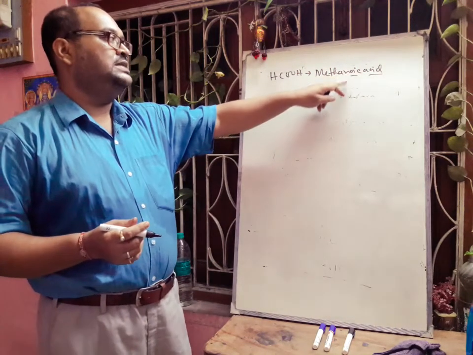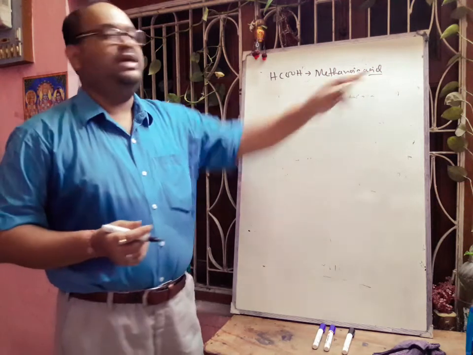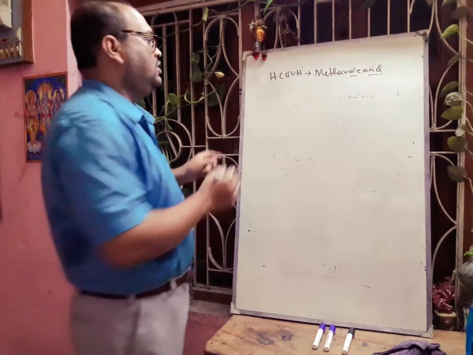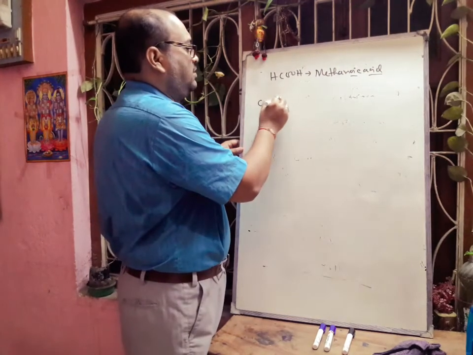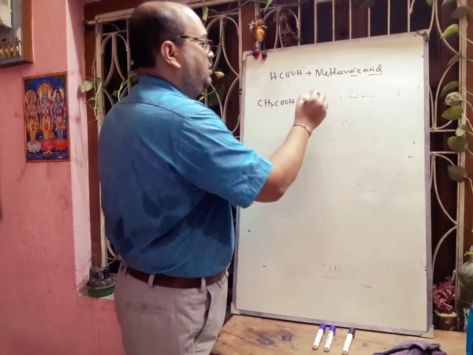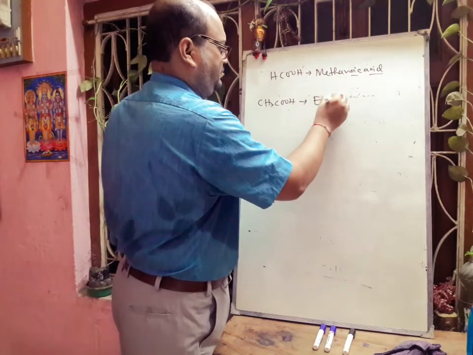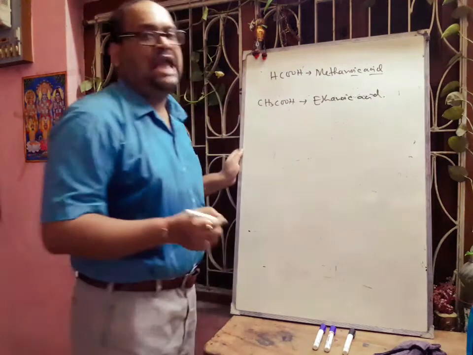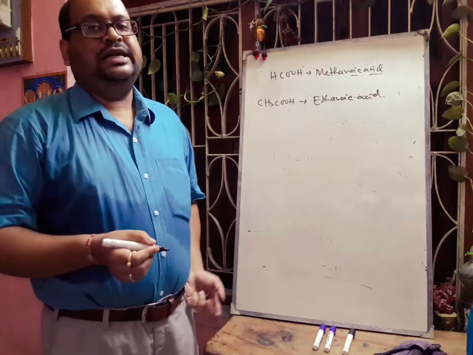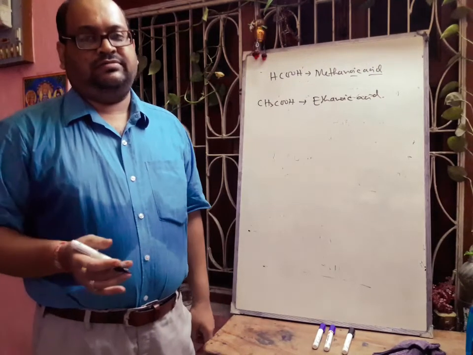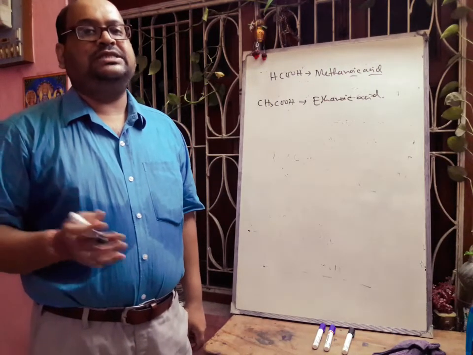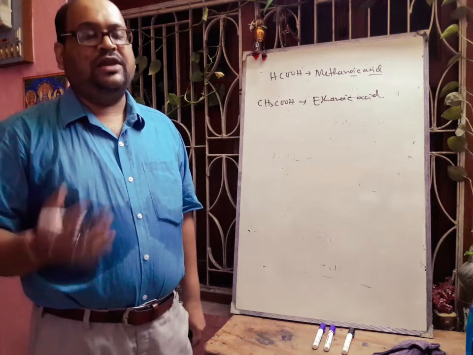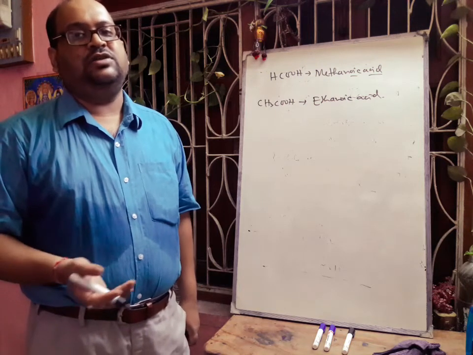So we are replacing it and adding oic acid. So if we take CH3COOH, definitely it will be ethanoic acid. If we take a long chain, suppose 8 carbons are there in the aliphatic carboxylic acid, then it will be octanoic acid, nonanoic acid, decanoic acid. In this way it will go.